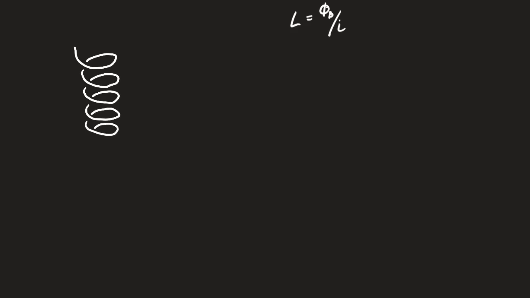And we've used Ampere's law to figure out what the magnetic field inside a solenoid is. But let's take it a little bit further and talk a little bit about the construction of a solenoid. If we use Ampere's law, we would have to use a loop like so to calculate the magnetic field inside an inductor.